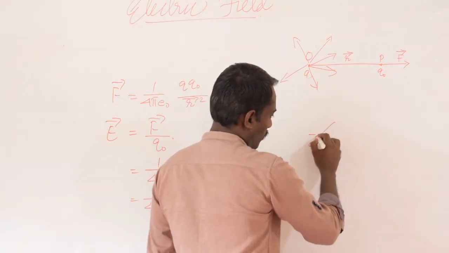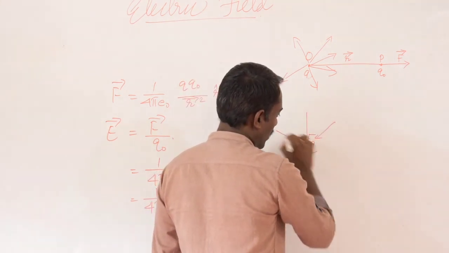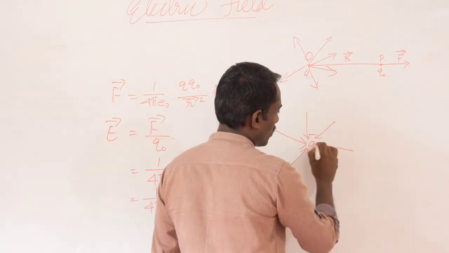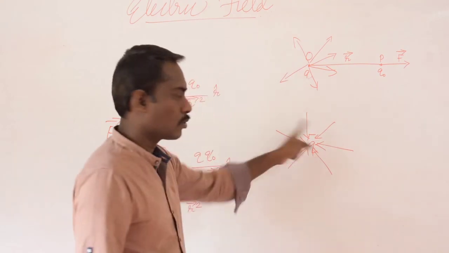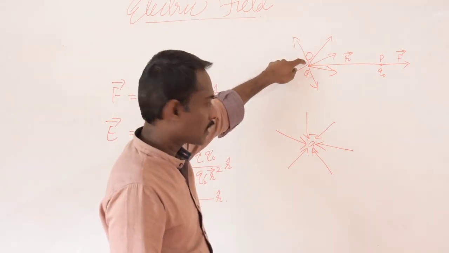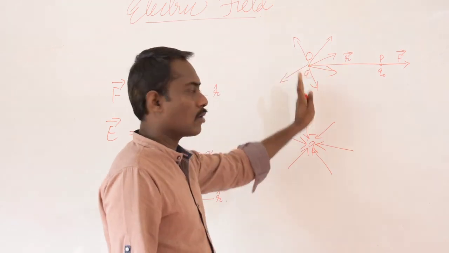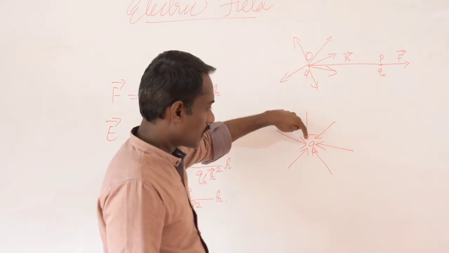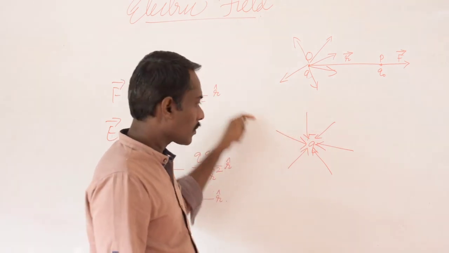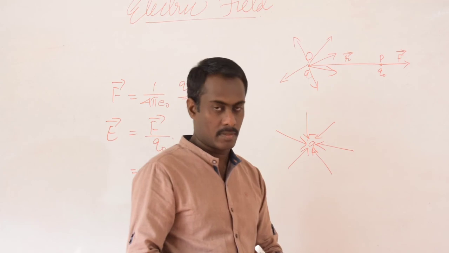Then the direction of the electric field lines will be radially inward to the point charge Q. If the charge is positive, the electric field will be in the radially outward direction, and if the charge is negative, the electric field will be in the radially inward direction.